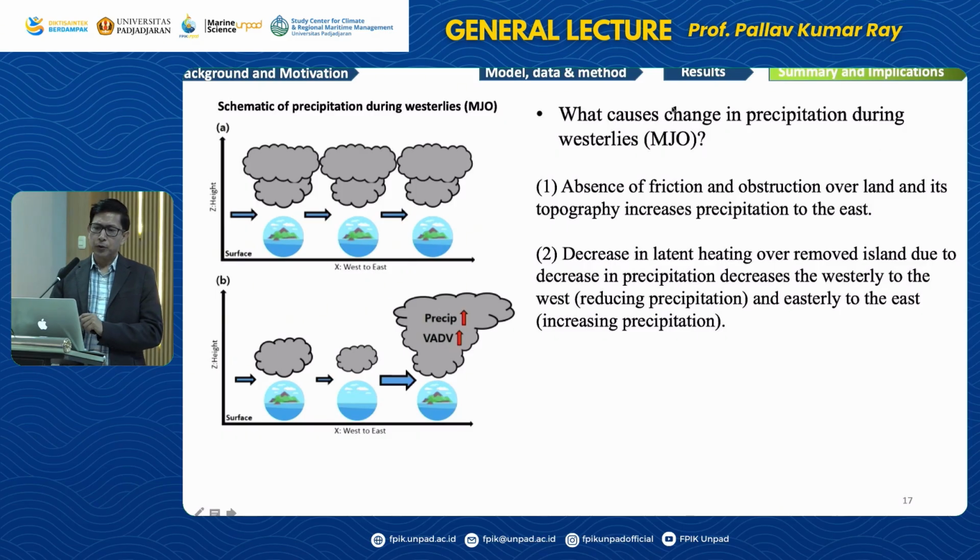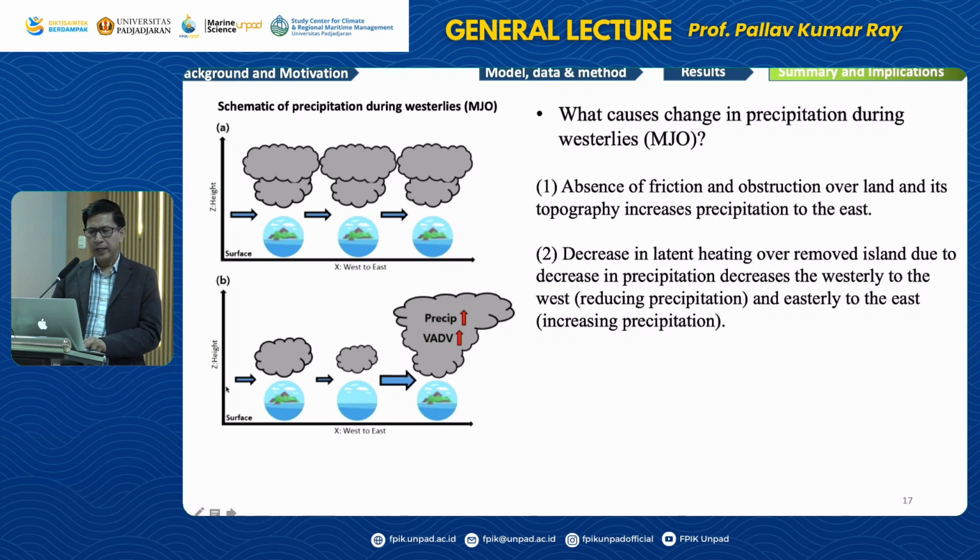Okay. So what causes this change in precipitation during westerlies? To explain this is very, very simple. The increase in precipitation over New Guinea is because there is absence of friction and obstacles over Borneo, and its topography over land increases precipitation to the east.